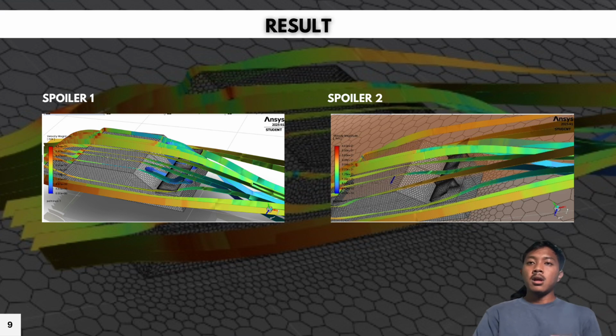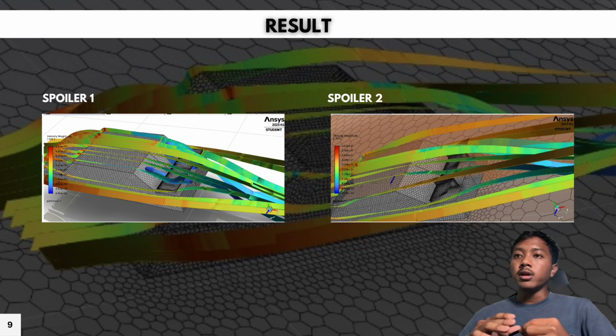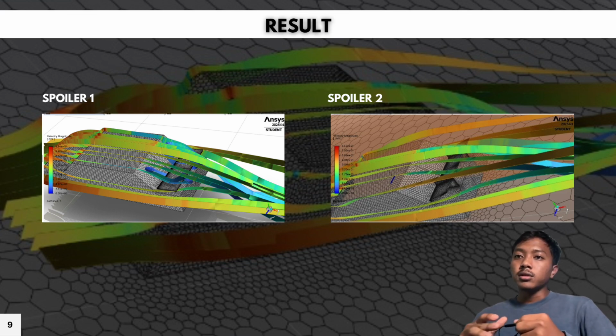Now let's take a look at the airflow behavior of both spoiler examples in our chapter result. In spoiler 1, we can observe that the airflow follows a smoother and more consistent path along the vehicle. The path lines are well aligned, which means there is minimal turbulence or flow separation.